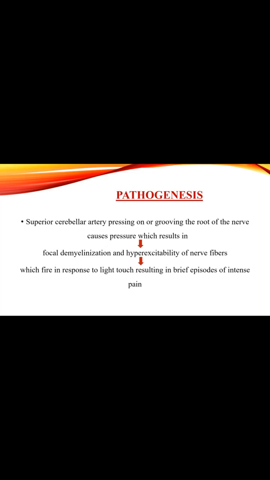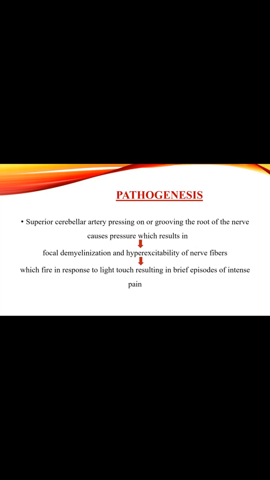Next, we'll be moving on to the pathogenesis. As we already said, the root cause of trigeminal neuralgia is compression of the trigeminal nerve by either an artery or a vein. Most commonly the compression is by the superior cerebellar artery.